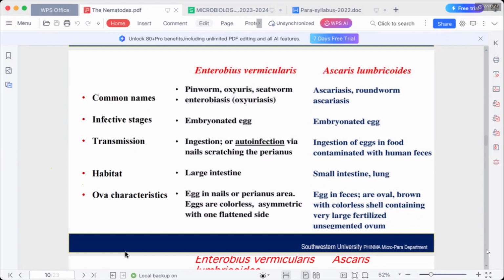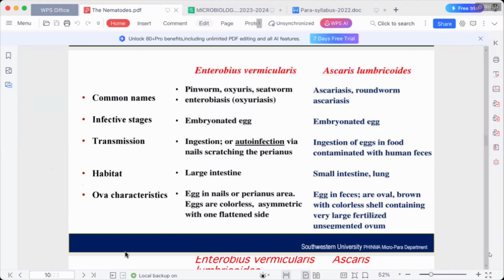The habitat is your small intestine and lungs. So why lungs? Because Ascaris are also called larva migrans. They can travel to different parts of your body because they are migratory parasites.